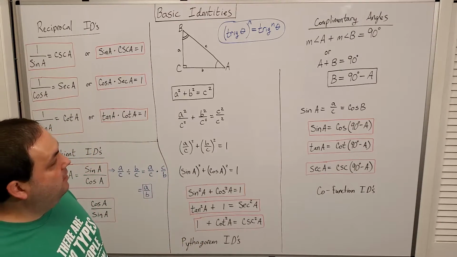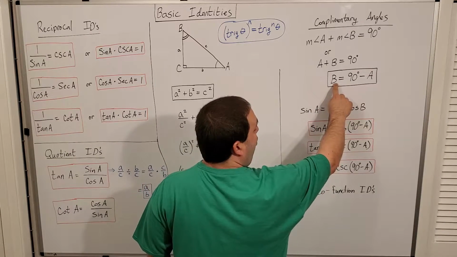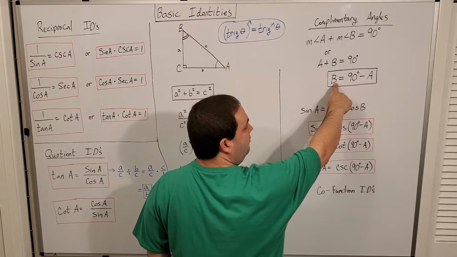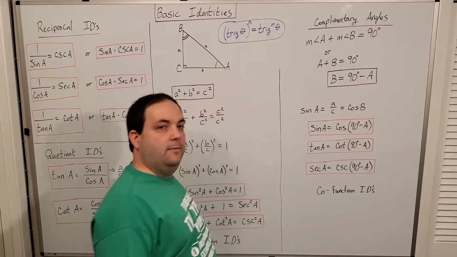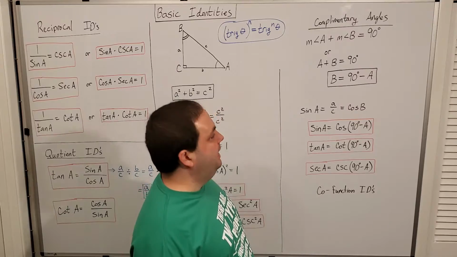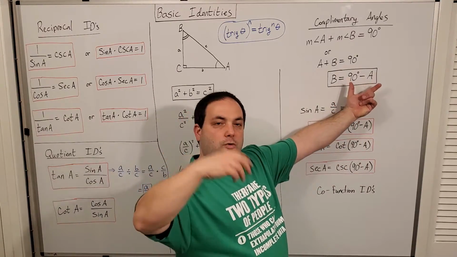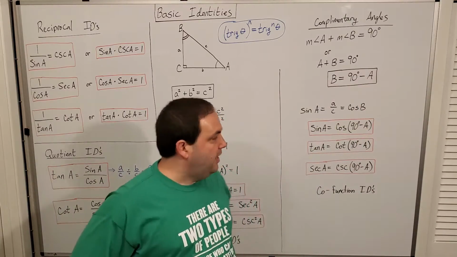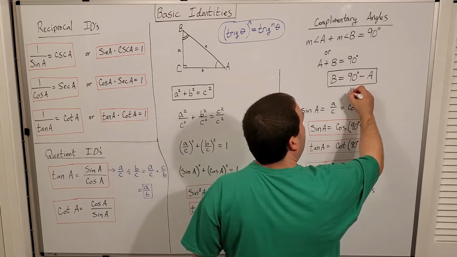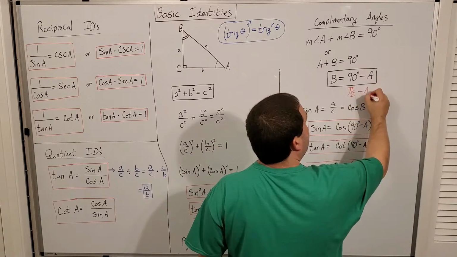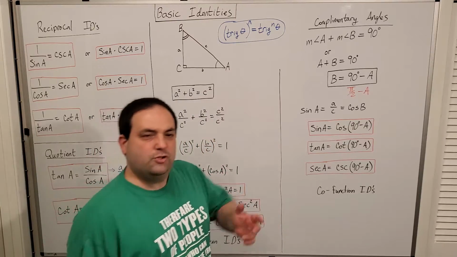So I could set up one of the angles, I used B, it doesn't matter, to be 90 degrees minus the other angle, minus A. Typically what we call that is the complement of A. Whenever you see 90 degrees minus an angle, or if it's in radians, pi over 2 minus an angle, don't just read it literally.